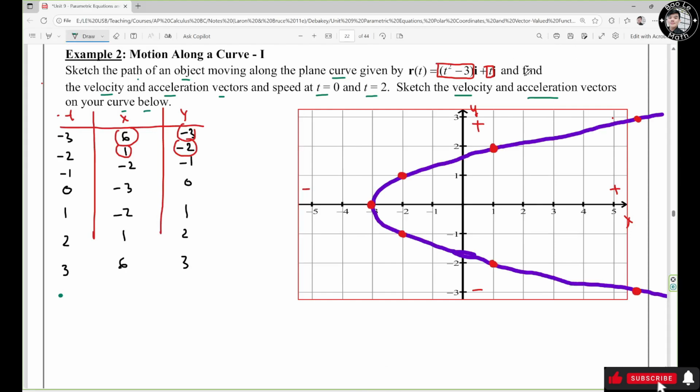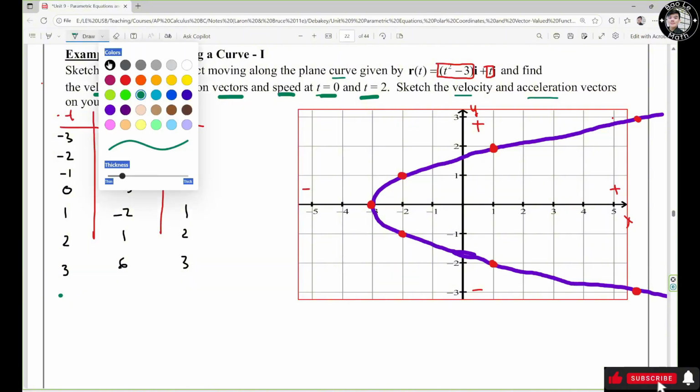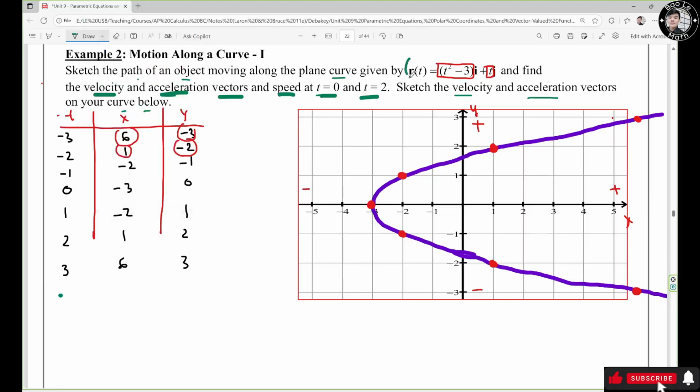Right? Now we need to find the velocity and acceleration vectors and speed at t equals 0 and t equals 2. Right? So before we do that, we need to take the first and the second derivative of this one. So I have v of t equals 2t i plus j, right?